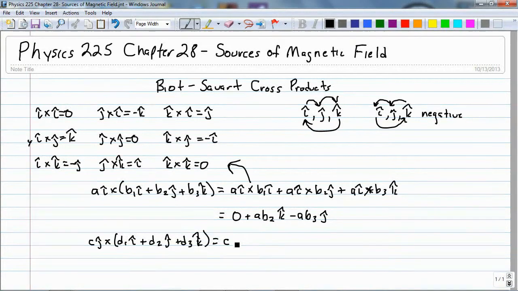So I'm going to have c j hat cross d1 i hat. Order is important, because this is out in front, it has to go first. So order is important.